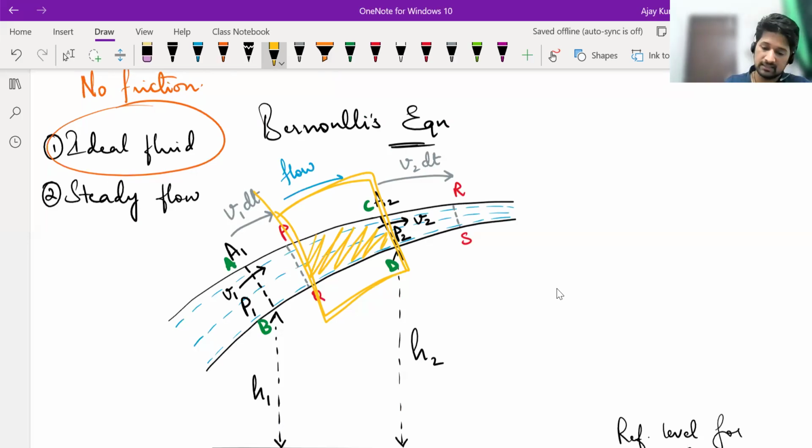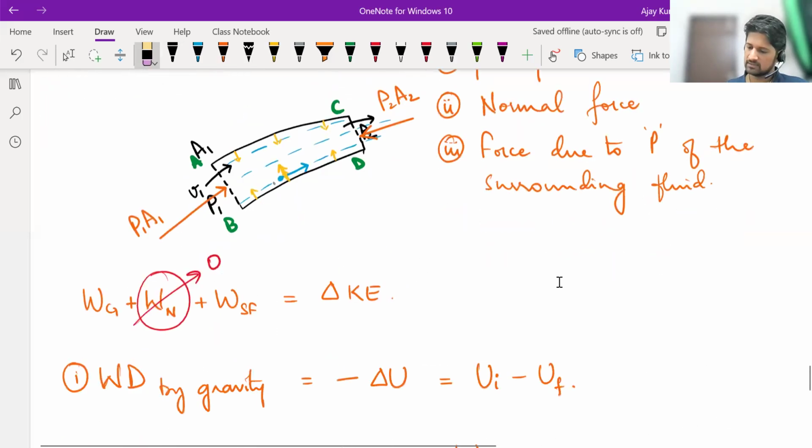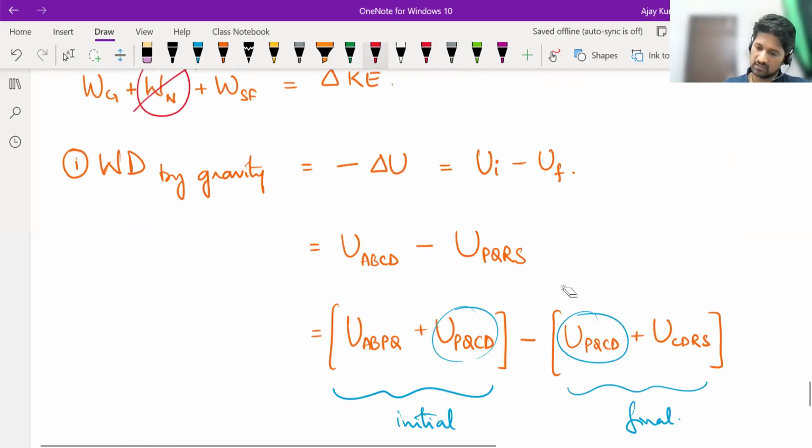The fact that it is an ideal fluid. How much ever mass was present in that space, PQCD, initially, later also, when some new particles come there, the same amount of mass will be present between PQ and CD. Okay. Therefore, the initial potential energy in that space will be equal to the final potential energy in that space. Then they can be cancelled.